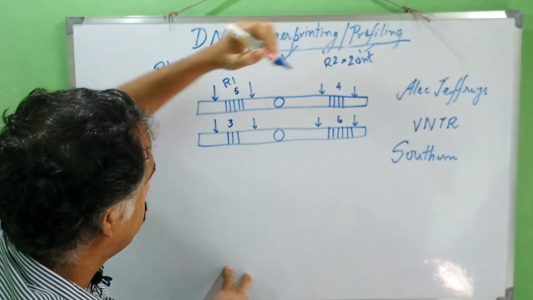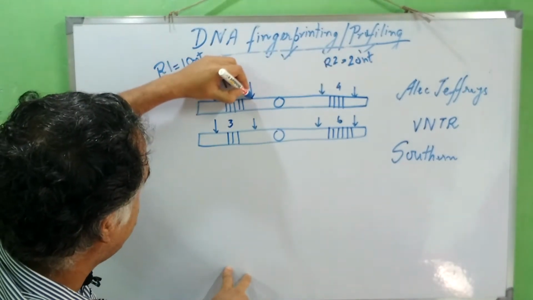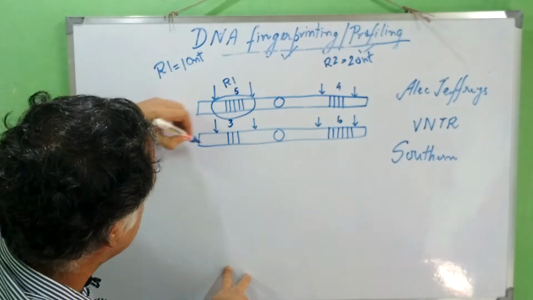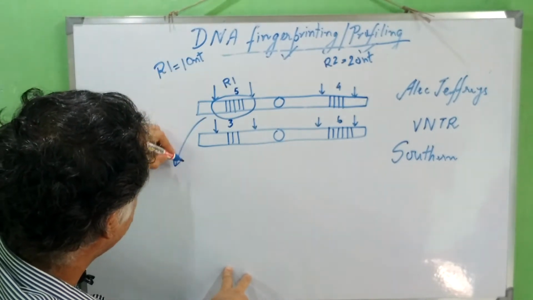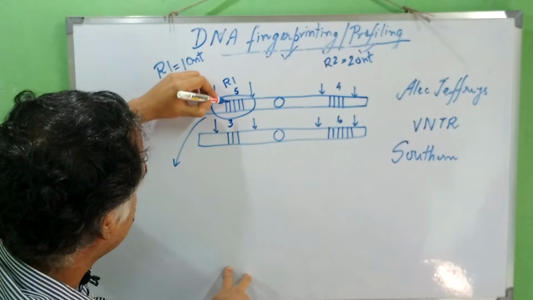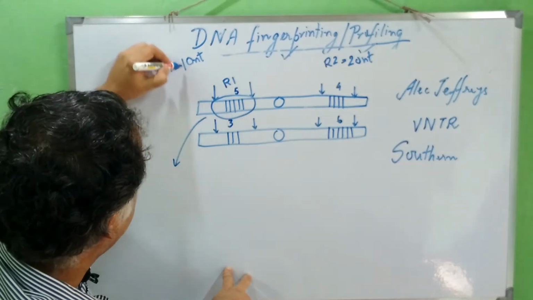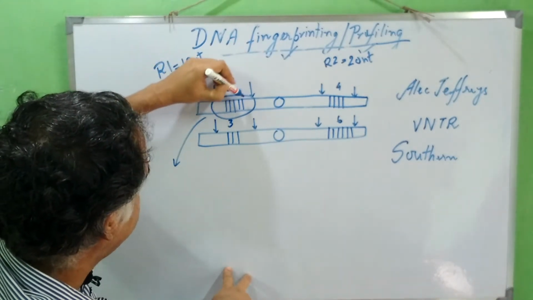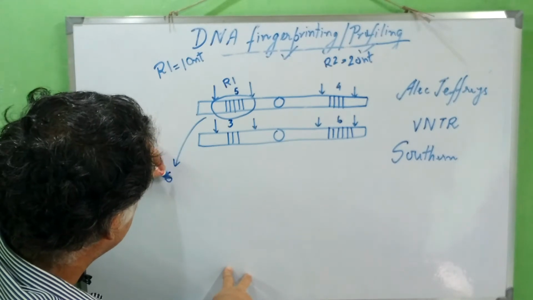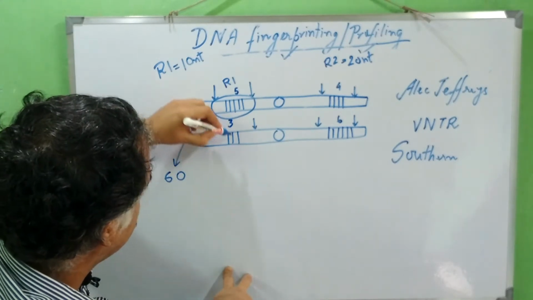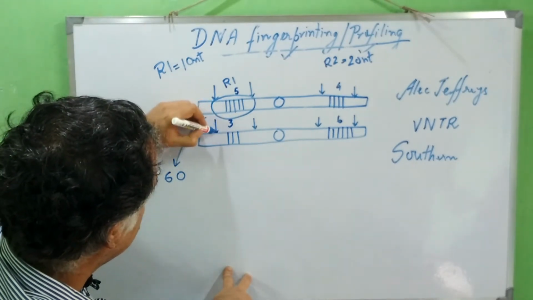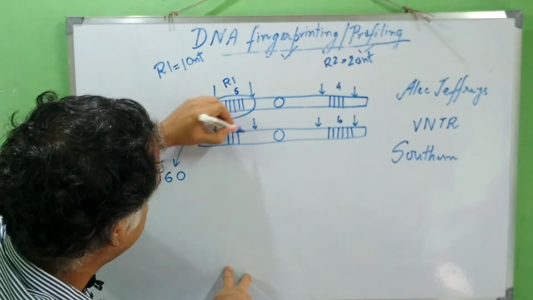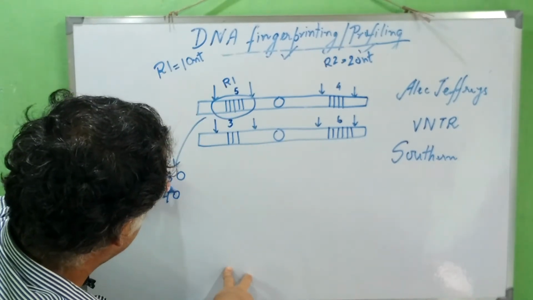So what is the size of the fragment that we expect out of this? The fragment size will be 5 plus R1, which is 10, so 50 plus 5, 60. For the homologous chromosome, same position, it will be 5 plus 30 plus 5, 40.